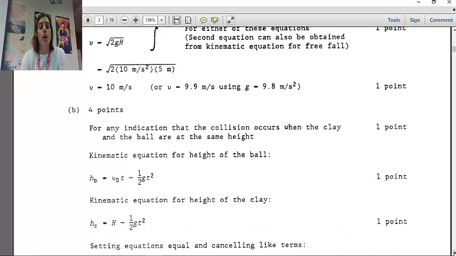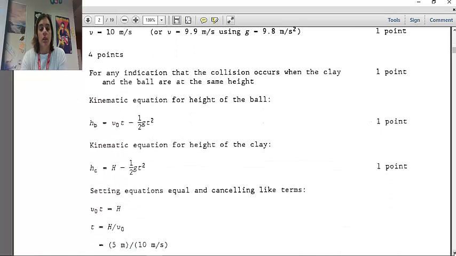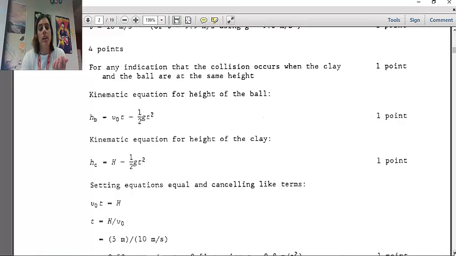Then we move to part B, and we need the time at which the clay is released. I'm sorry, this is for the time when the collision takes place.